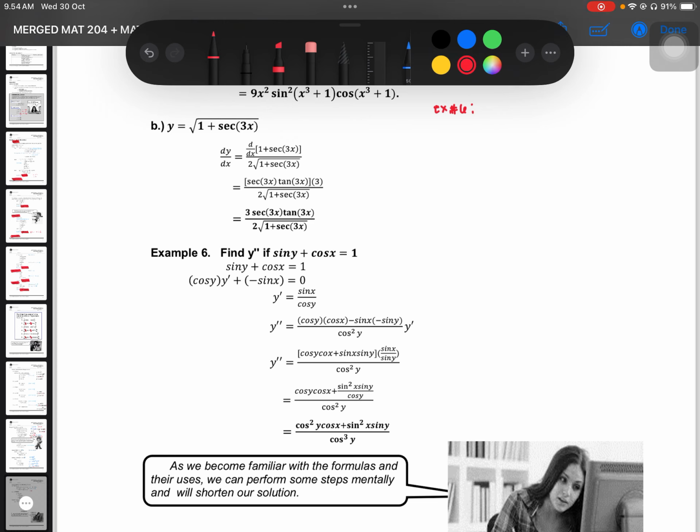Okay, so when we get the second derivative, okay, so we have sine y plus cosine x is equal to 1. And take note that we have two variables, y and x. So what we are going to do is to use the implicit differentiation.